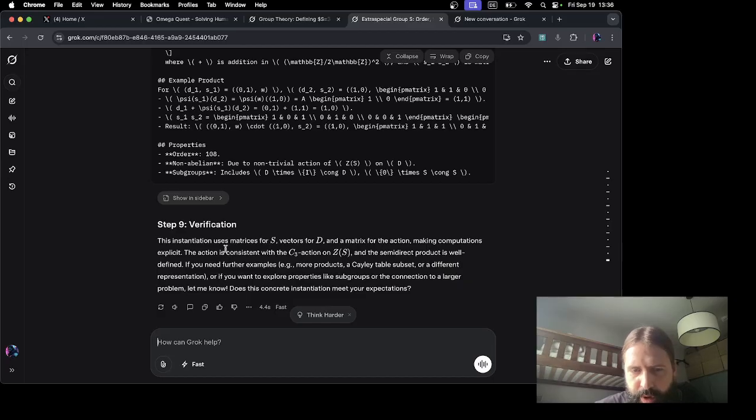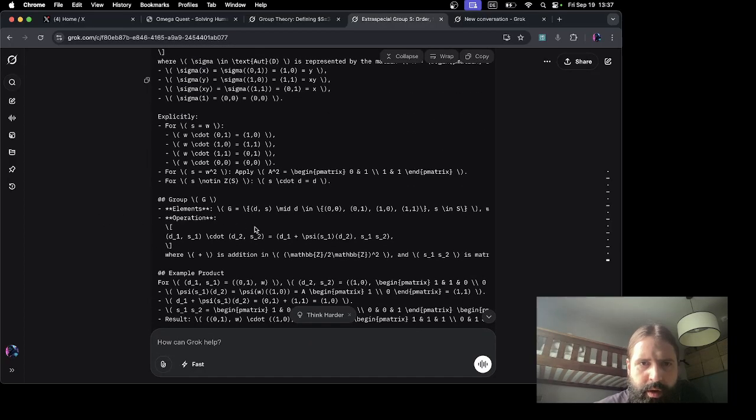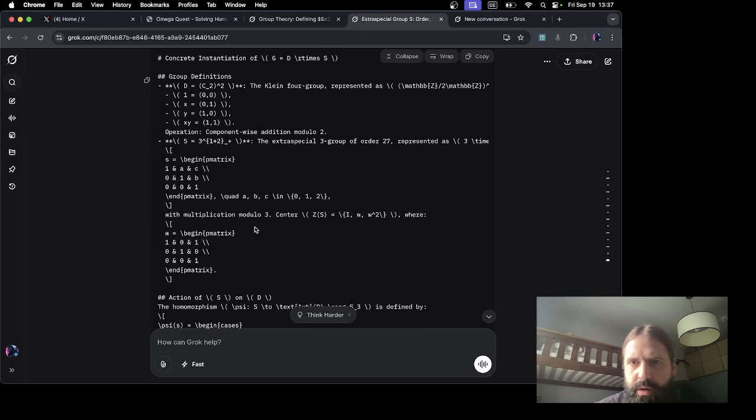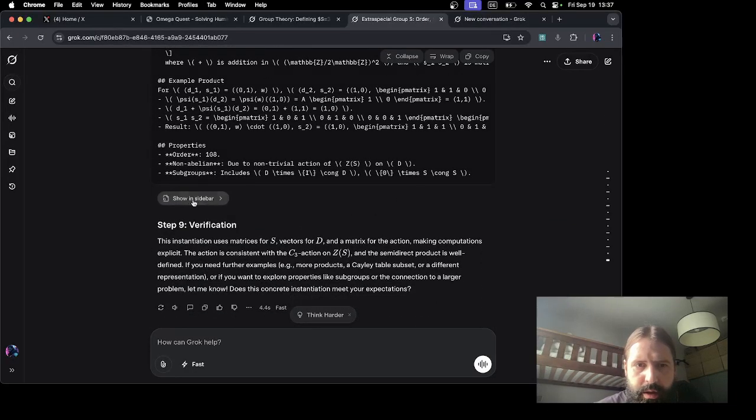It uses matrices for S, vectors for D, and a matrix for the action, making computations explicit. The action is consistent with the C3 action on ZS. Example products. Okay. Can I show in sidebar?